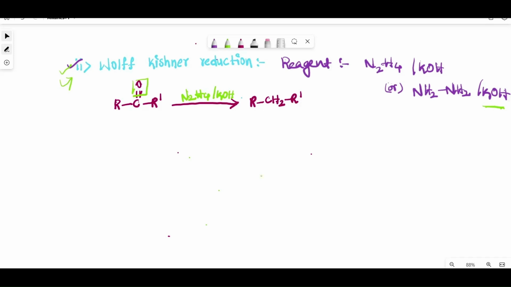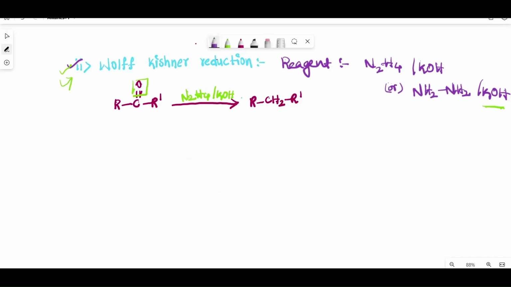You just need to remove this double bond O, like we did in Clemmensen reduction. These both reactions are same, but the reagent is different. That you should remember.